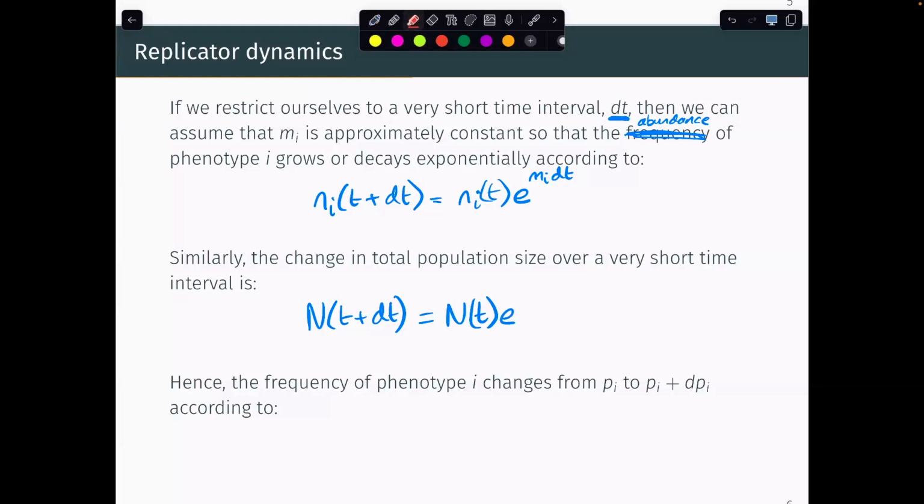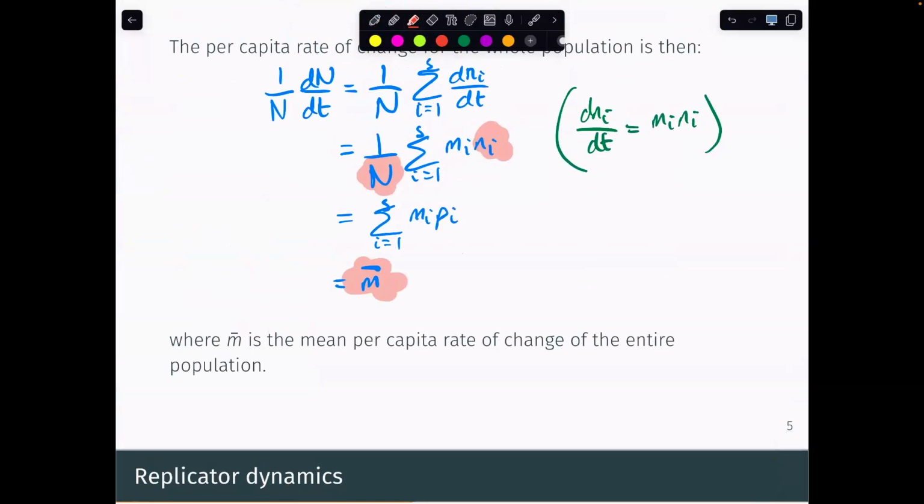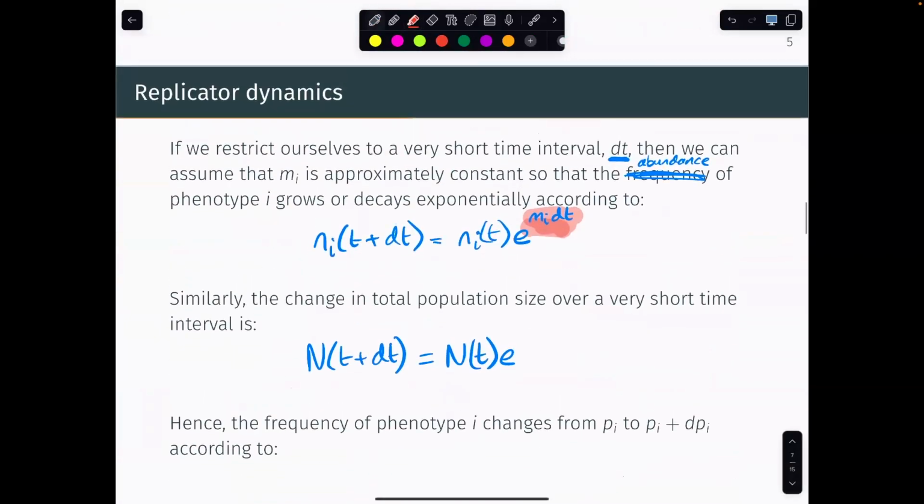So here this mi was telling us the per capita growth rate for that particular phenotype. We have a per capita growth rate for the whole population, m bar. So this is just going to be e to the m bar dt.